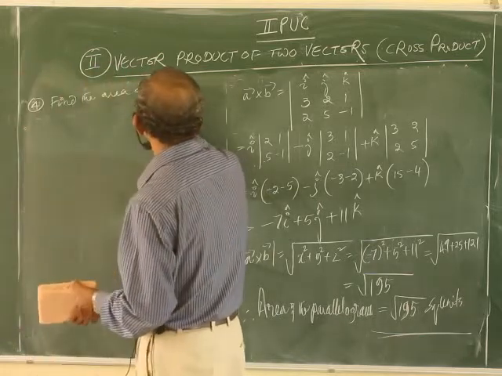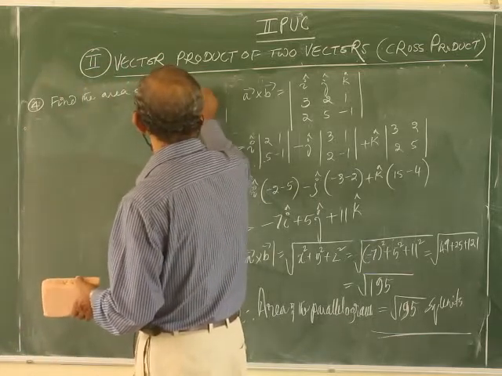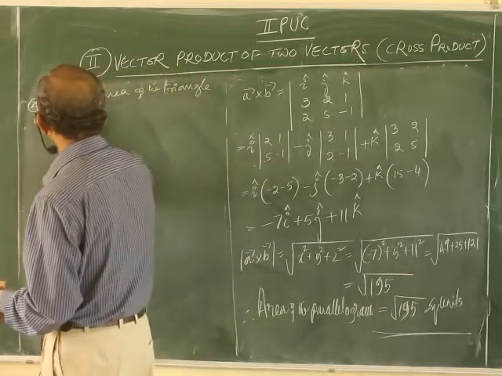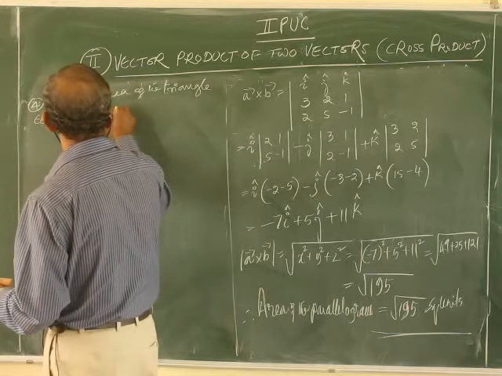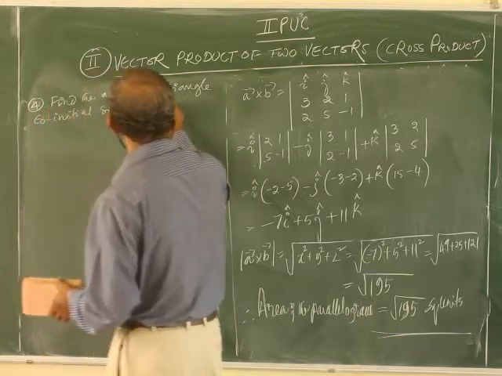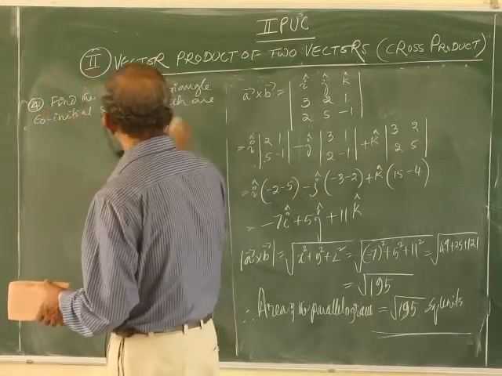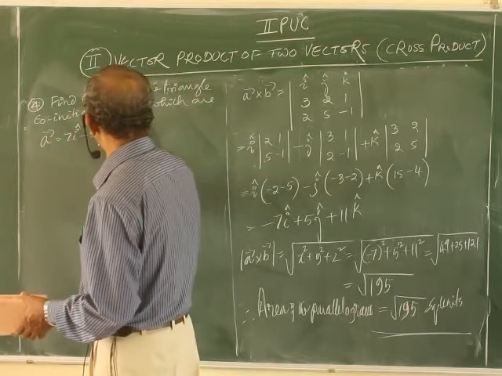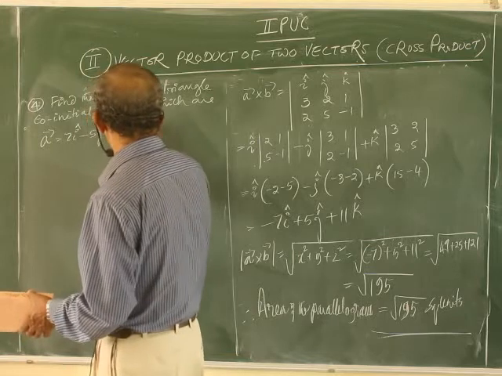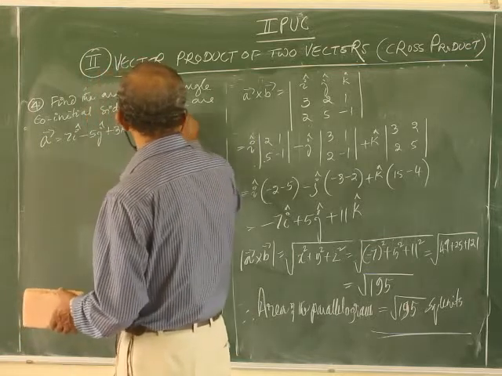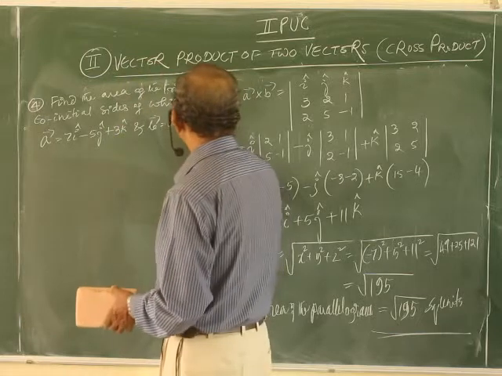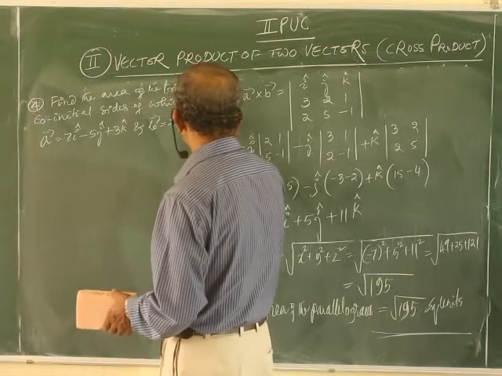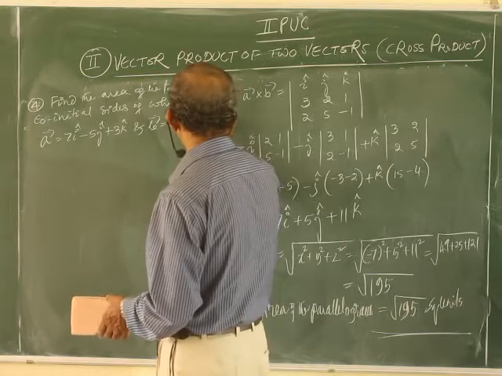Find the area of the triangle whose co-initial sides are A equal to 7i minus 5j plus 3k and B equal to 2i plus 4j minus k.